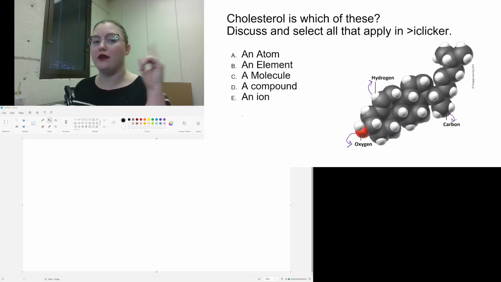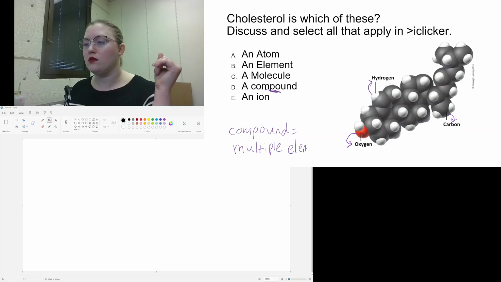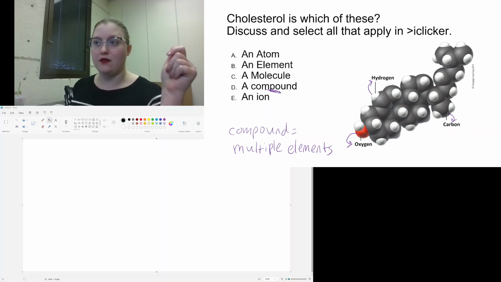So now we have another definition we need to talk about, which is the definition of compound. A compound is something made up of multiple elements. Okay, so cholesterol, not only is it more than two bonded atoms, it's more than two bonded elements.